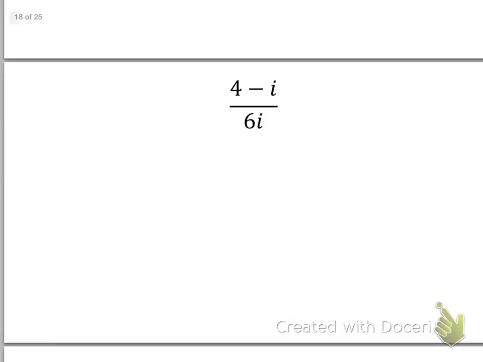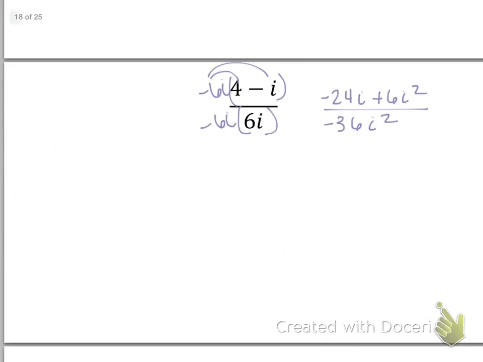Okay, so this time we got a positive 6i, so we multiply that entire top by negative 6i, so we can get rid of the i on the bottom. So if we distribute, we get negative 24i plus 6i squared over 6i times negative 6i is negative 36i squared. Let's change those i squareds to negative ones.